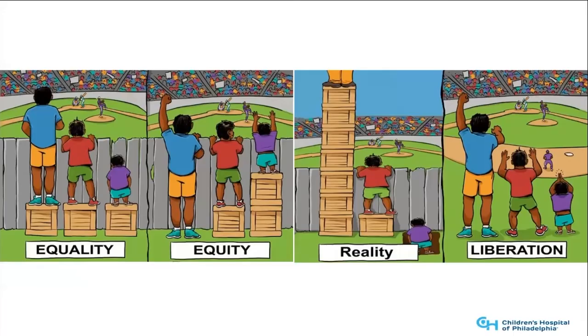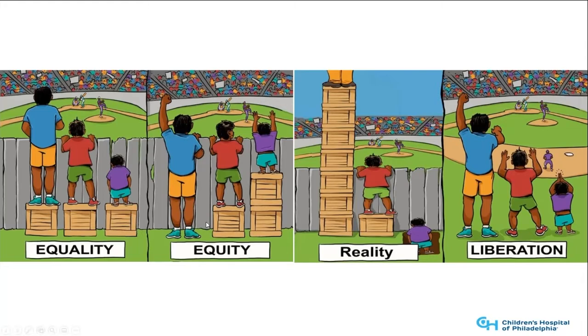Some of you, I'm sure, have seen this cartoon, where we have a picture of equality going to liberation. Equality is when you give everyone the same thing, and as you notice, for those who start off shorter or have fewer resources, giving them the same thing really doesn't achieve equity.